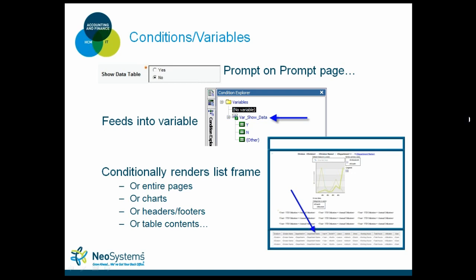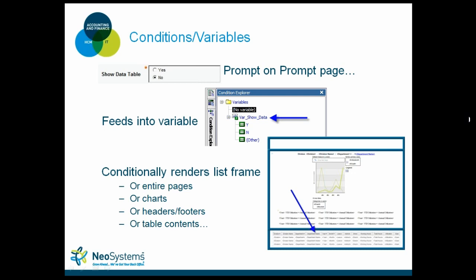The variable here processes that yes/no response in the prompt into this show data variable, and based on whether it's a yes or a no, that gets into the logic of the report layout. In this particular example, there's a list frame at the bottom where the arrow is pointing. If they say yes, then that list will appear.